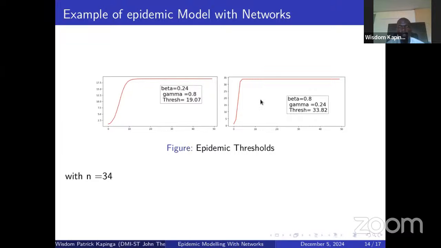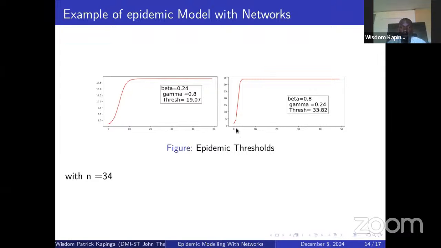So if you interchange beta and gamma, you're going to have different results altogether. In this particular case, the transmission rate is greater, as you'd see that beta, which is the transmission rate, is greater than the recovery rate, which is 0.24.